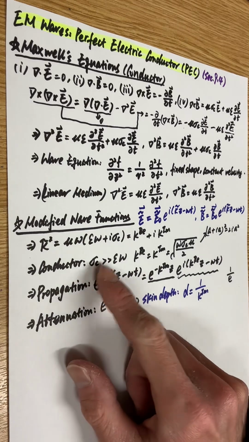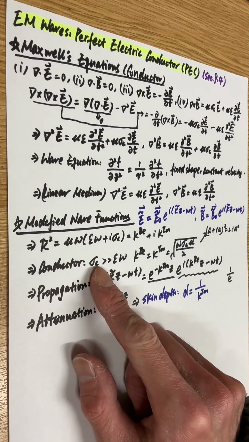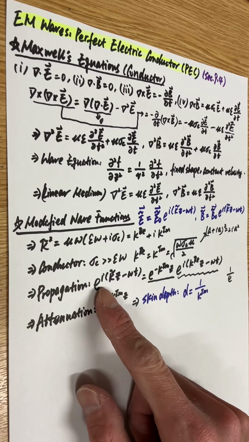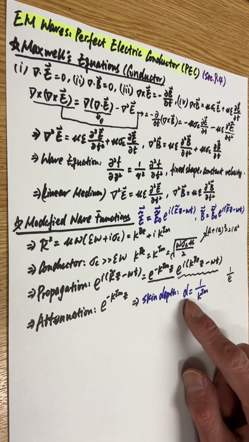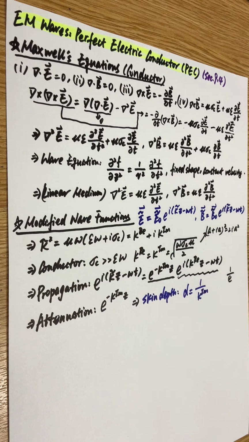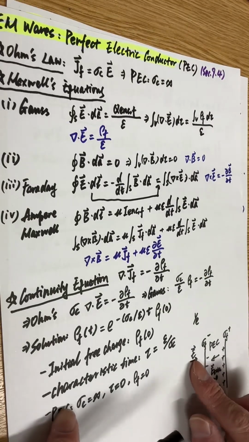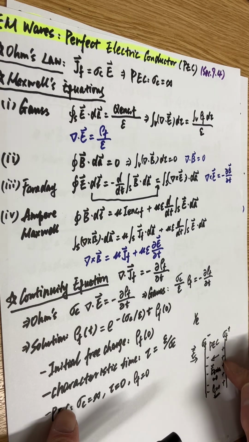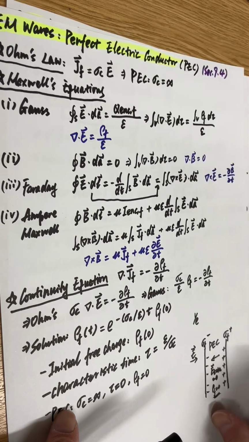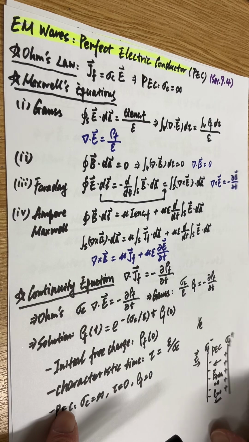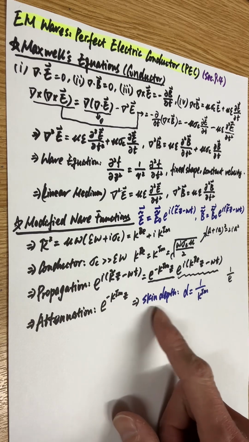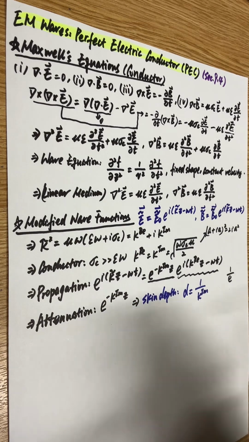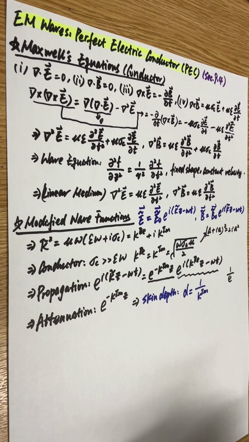If we really have a perfect conductor, sigma will be infinite, and then the imaginary part of kappa will be infinite, and then skin depth will be 0. So the electric field wouldn't enter the conductor at all. The skin depth is 0. So that's a perfect conductor. The imaginary part determines the attenuation and the skin depth parameter.